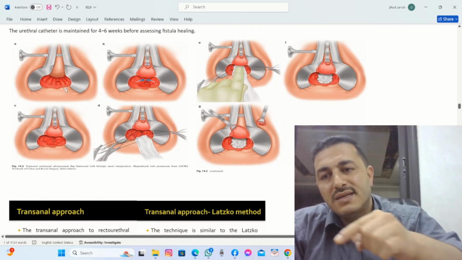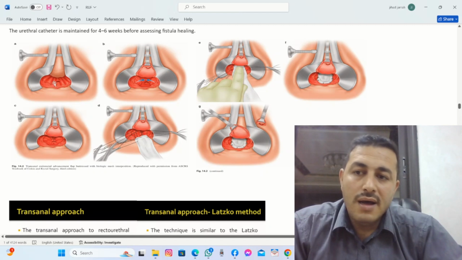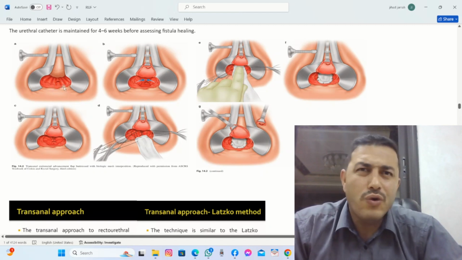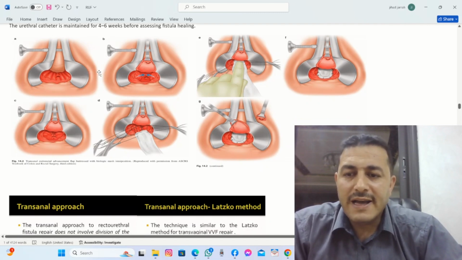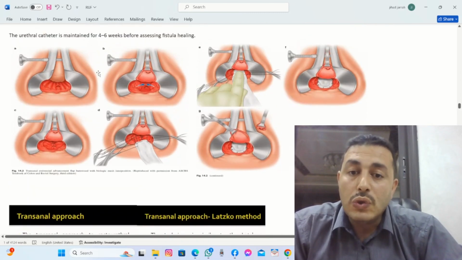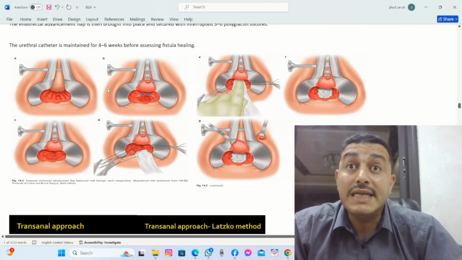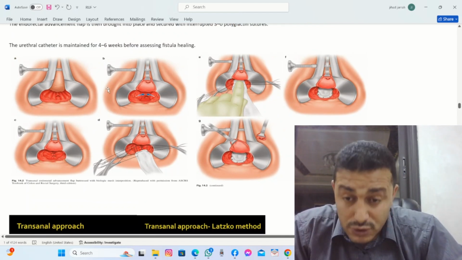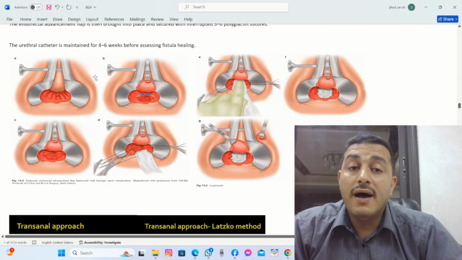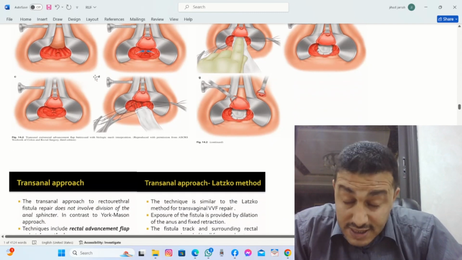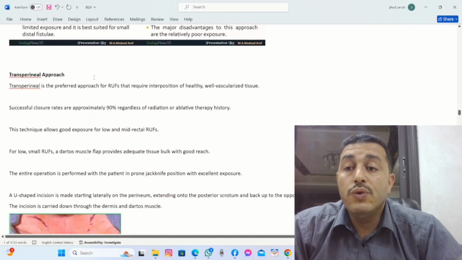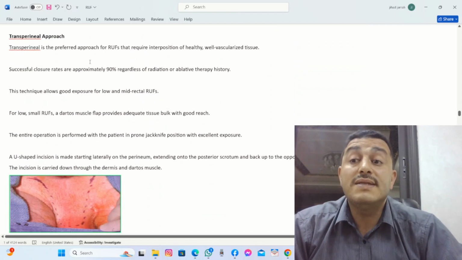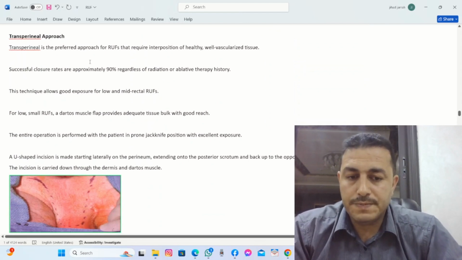They dissect around the opening itself and divide it into 4 quadrants, and they close it in 3 layers. What we have to understand is that the endorectal advancement flap is for simple rectourethral fistula. This is a transanal approach. We move to the transperineal approach.